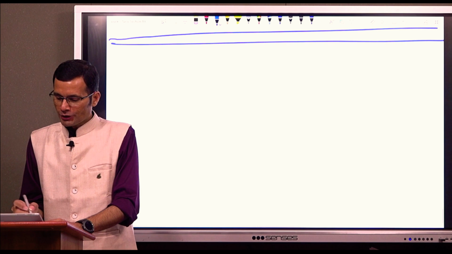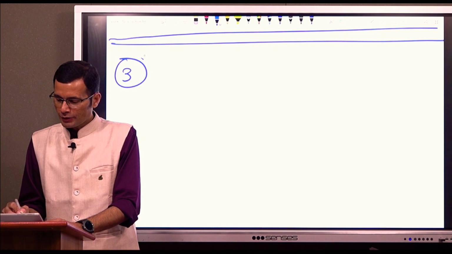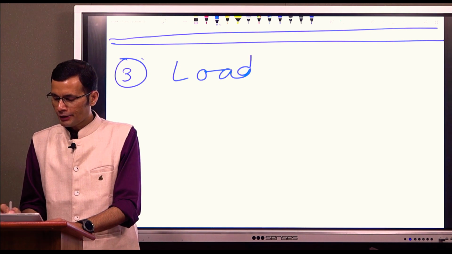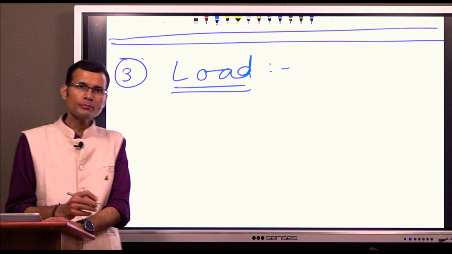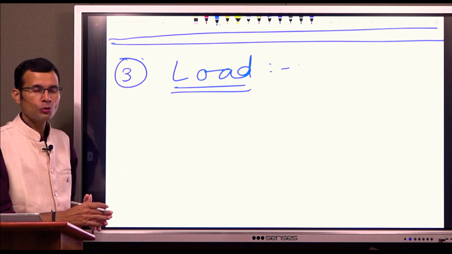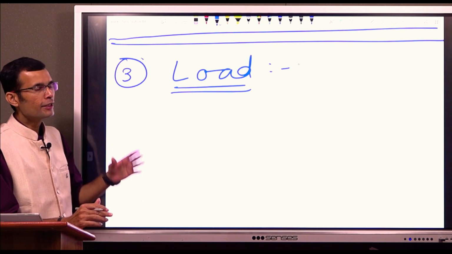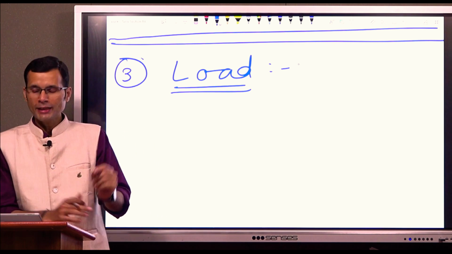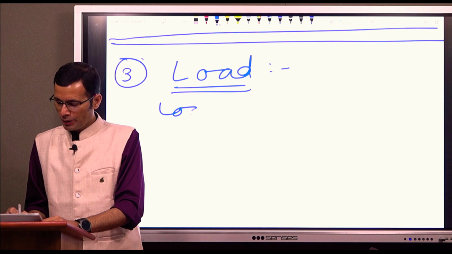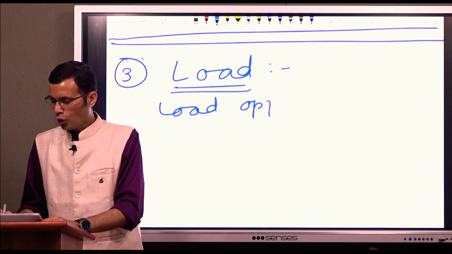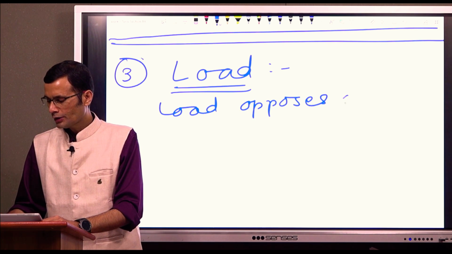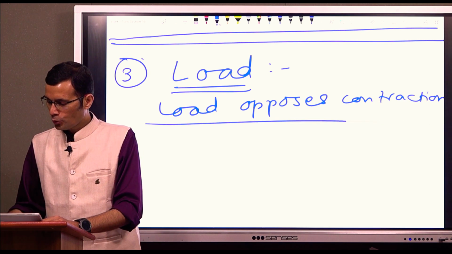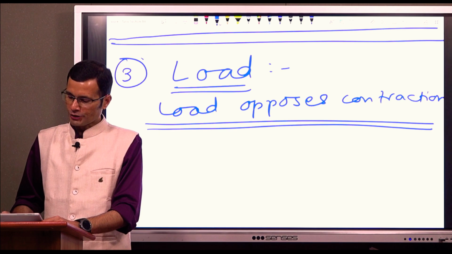Right. Now the third factor is load applied to a muscle. Load, application of load, how it influences the strength of contraction. Now let me make first statement. Remember, load opposes the muscle contraction.